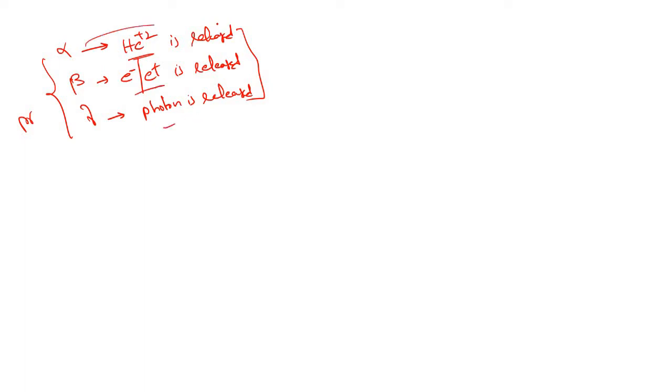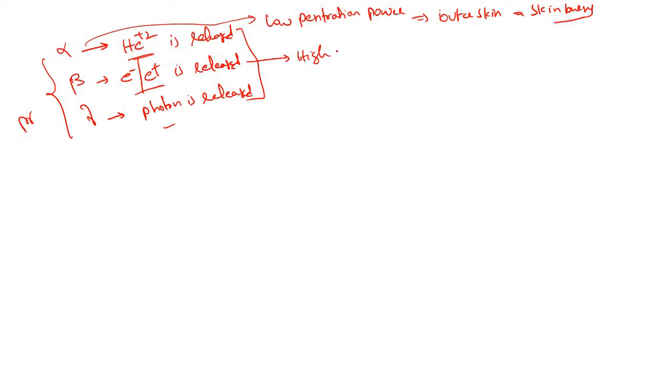Alpha radiation has low penetration power. Means when we are exposed, it only impacts the outer skin, like we'll have skin burns. It won't go deep into our skin. Beta decay has higher penetration power compared to alpha decay.